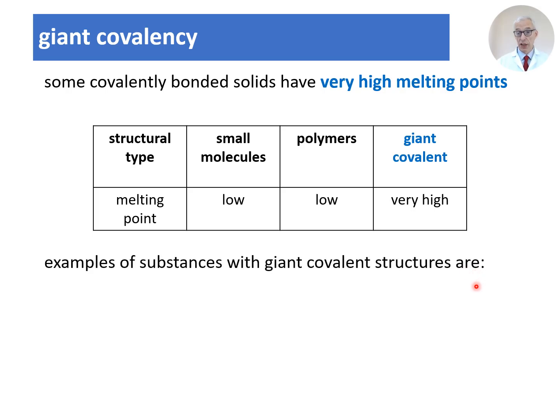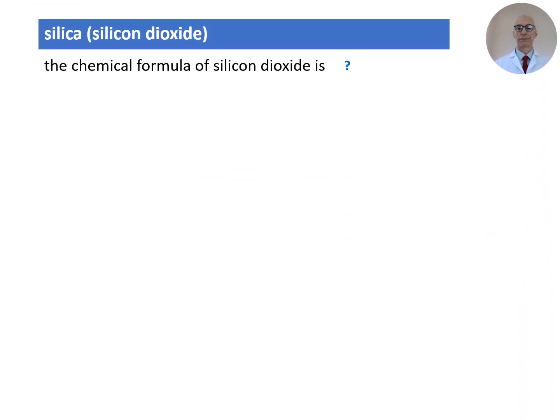Examples of giant covalent structures that you are expected to know about are diamond, graphite, and silicon dioxide. So let's consider silicon dioxide. Pause and write down the formula of silicon dioxide and suggest a type of bonding in the compound.